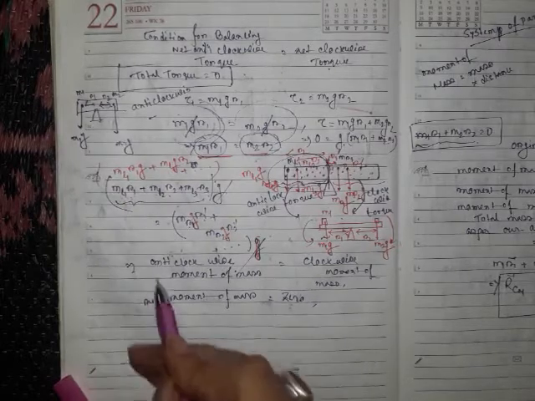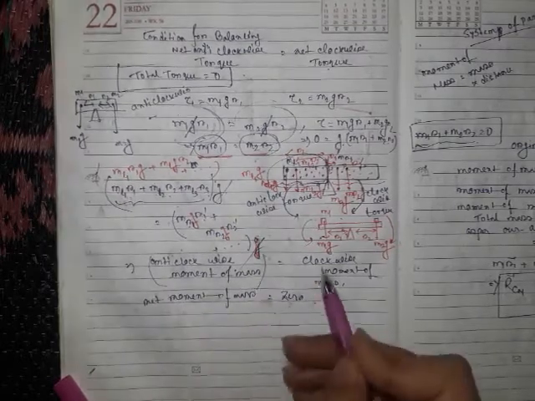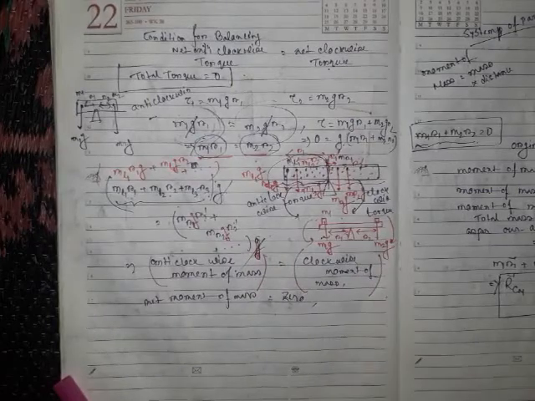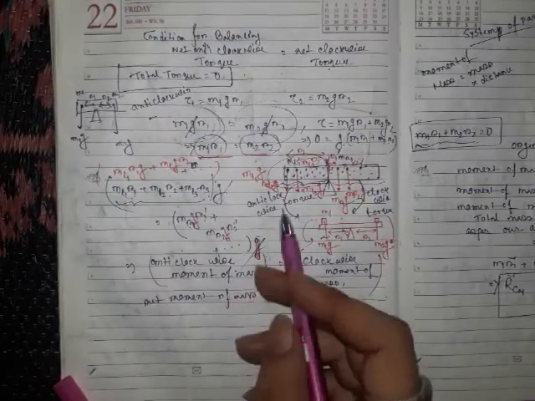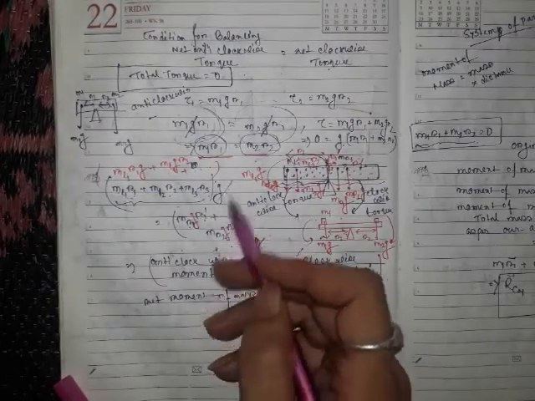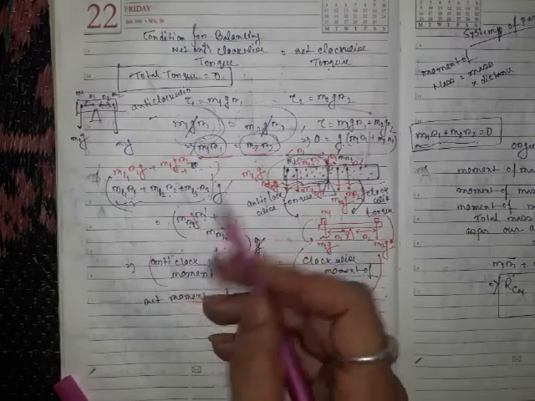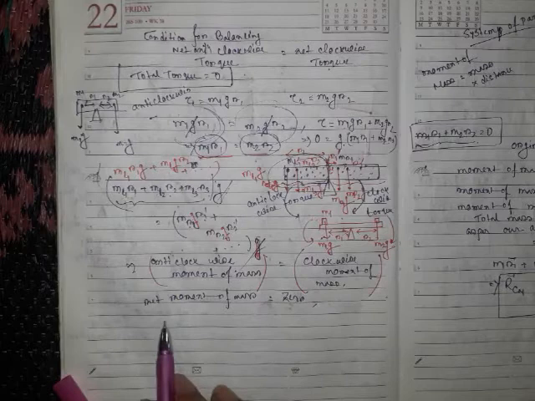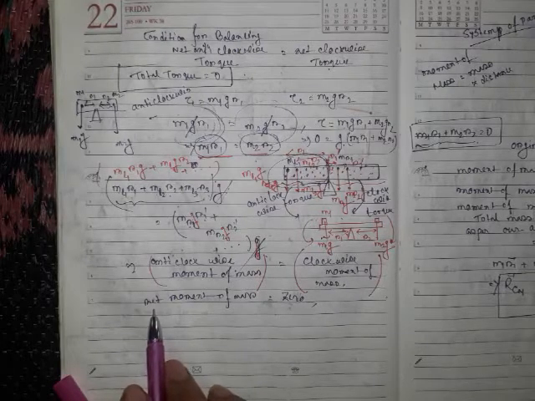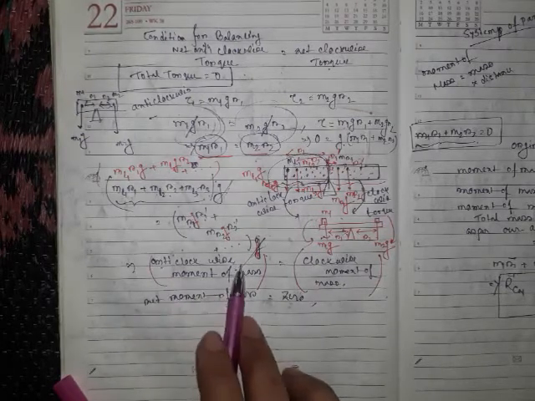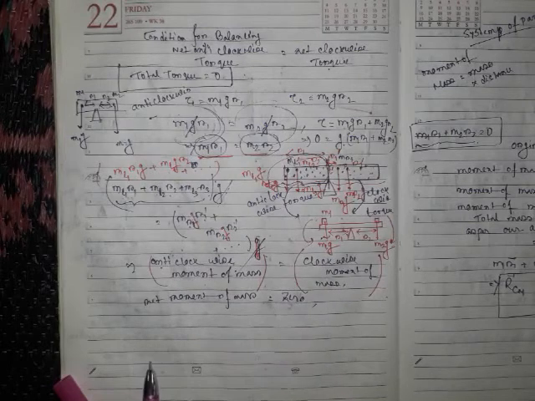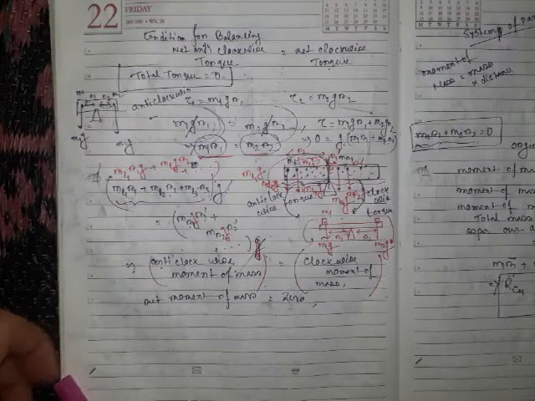So your total anti-clockwise moment of mass equals the clockwise moment of mass, because you just take these g's out, and on both sides the g's cancel. So if your net anti-clockwise moment of mass equals the net clockwise moment of mass, that means the net moment of mass is 0 about the center of mass.